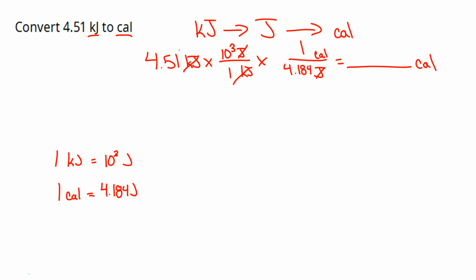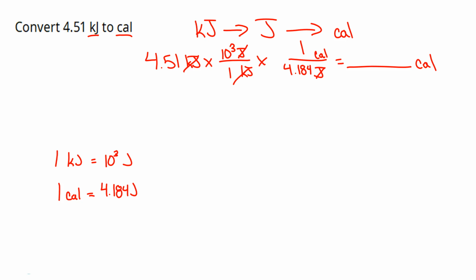So I need to get from kilojoules to joules, and then I can go to calories. When we do this calculation, I'm multiplying by 10 to the third first, and then dividing by 4.184. So I'm expecting a large number.